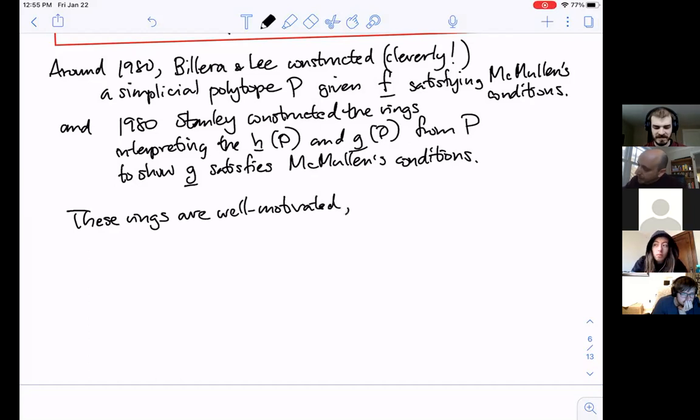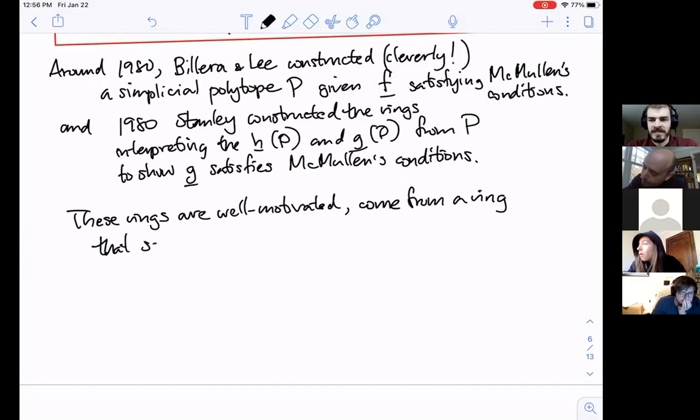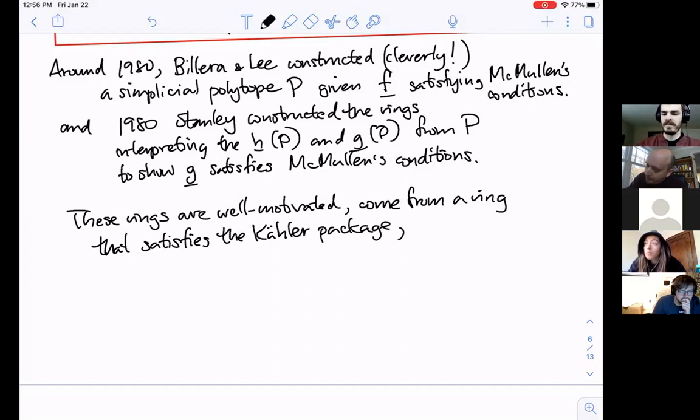And they, you know, come from a ring that interprets the H vector that satisfies this Kähler package, which I haven't told you what it is.